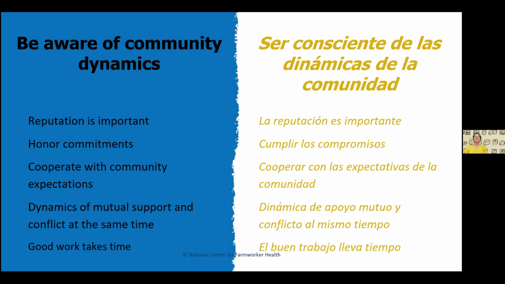So how can we turn that impression around, honor commitments, try to understand and cooperate with community expectations? I know this is just sort of a basic public health outreach measure, and understand dynamics of mutual support and conflict at the same time.